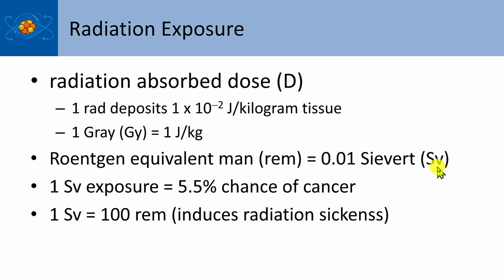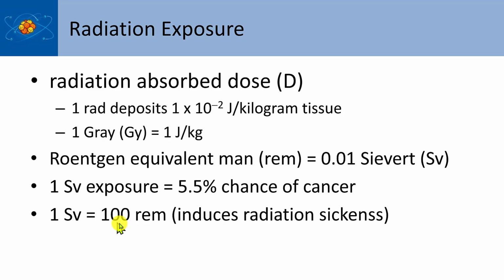And what they do when they're doing REMs is they're trying to take into account both the ionizing power of the radiation and its ability to induce undesirable ionization in your body. Okay. So 1 sievert is the equivalent of a 5.5% chance of cancer, roughly.